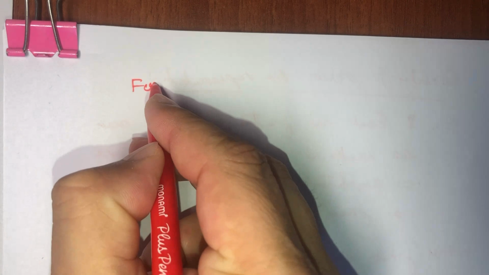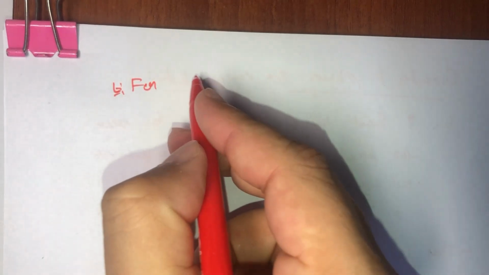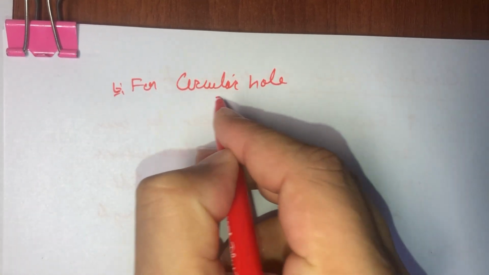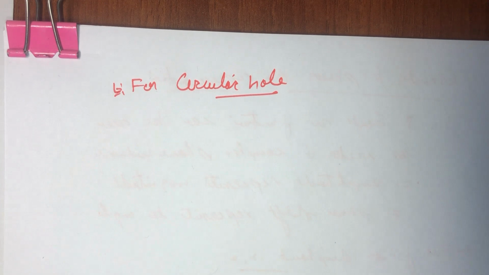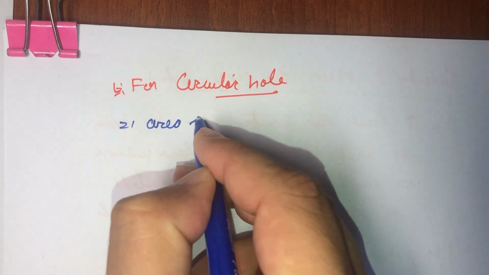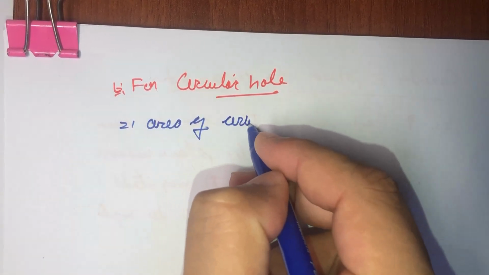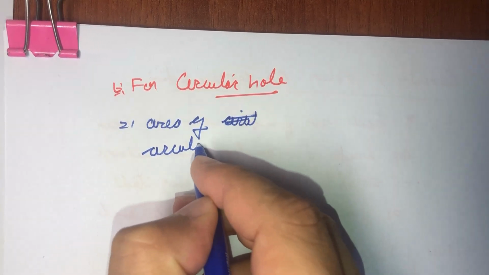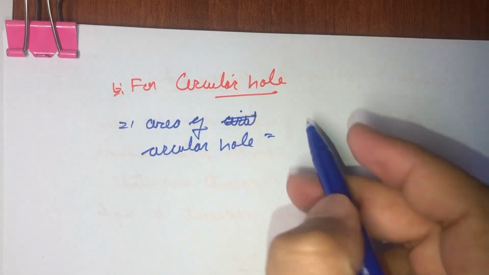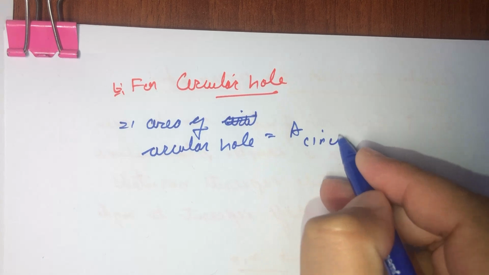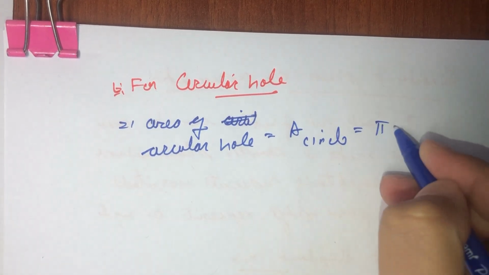So for the circular hole, the area of the circular hole, let us call it A circle, will be equal to pi r square.